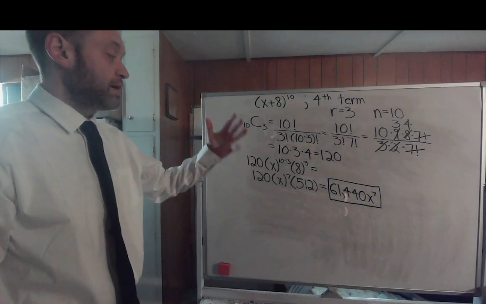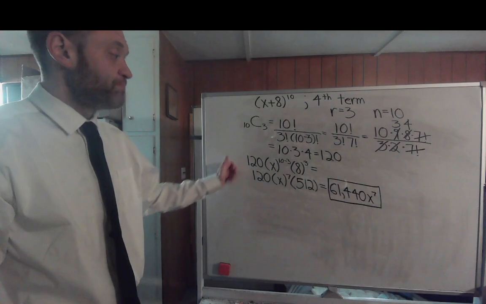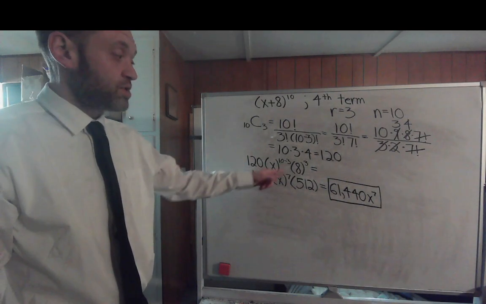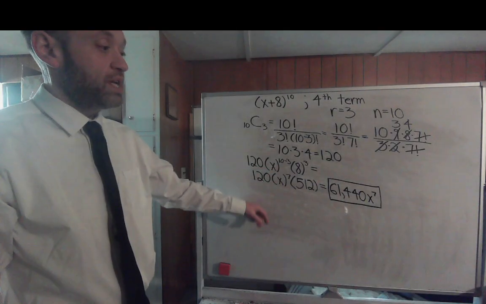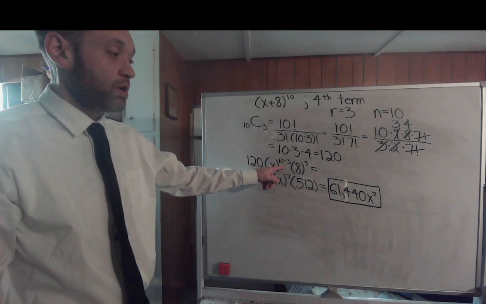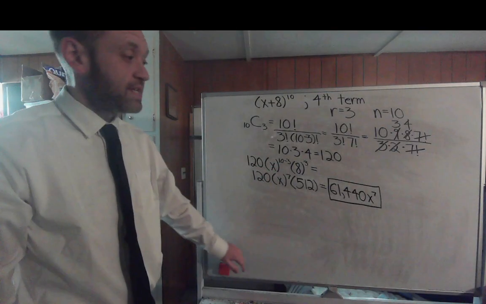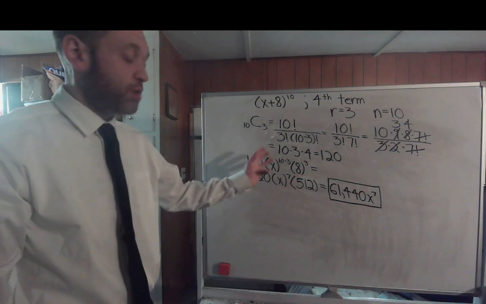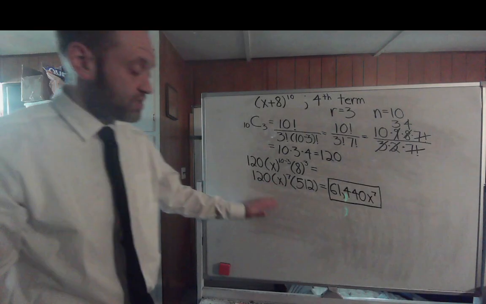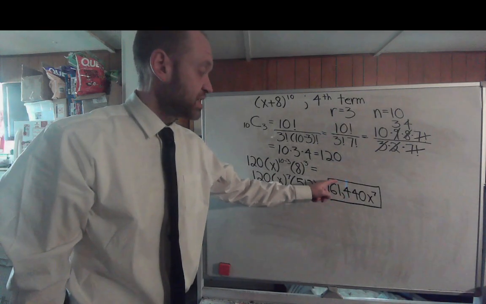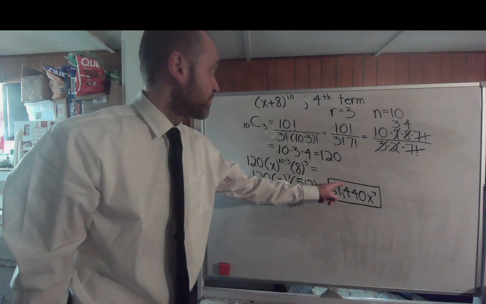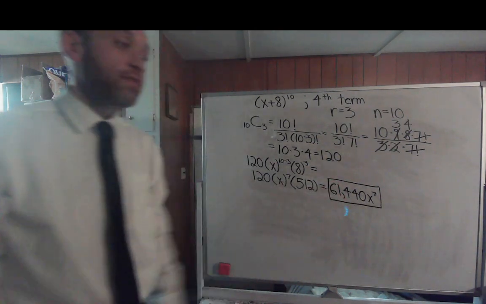I get my initial coefficient, and then I take my two terms, the first term always to the n minus r power, and then my second term always to the r power, multiplied together, and in total I got a fourth term of 61,440 x to the 7th.